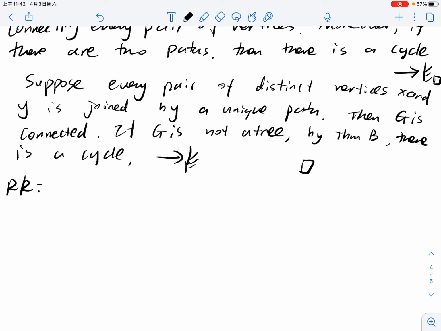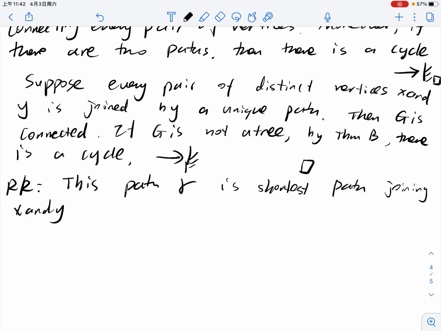So remark. This property is very good because for a tree, you have a very clear minimizer for the length functional. So this path, gamma, is the shortest path joining x and y.